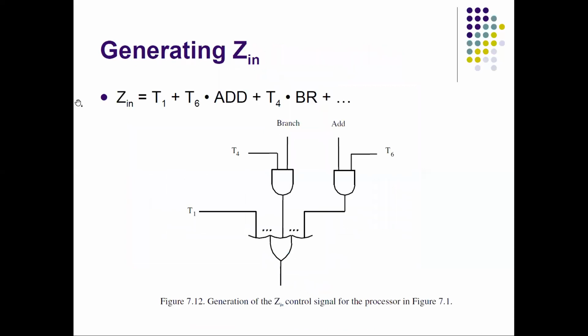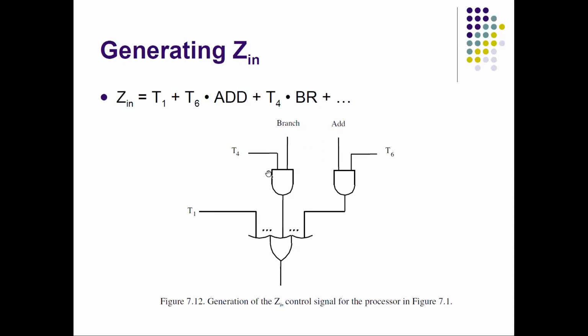For example, we have a control signal Z in. Let it be given as T1 plus T6 dot add plus T4 dot branch, and something like that. How will this control signal be generated in the hardware control unit? We have T1 as one input, and T4 dot branch.